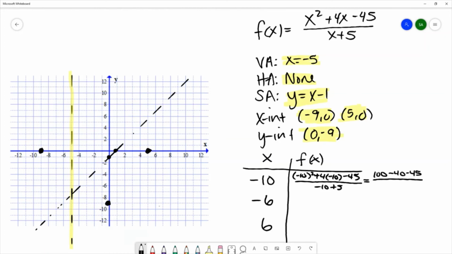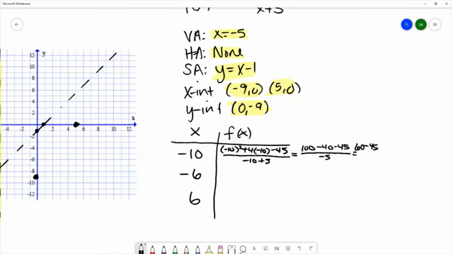In the denominator, -10 plus 5 will be -5. 100 minus 40 will be 60, minus 45 will give me 15. 15 over -5 is -3. So that gives us an extra ordered pair to plot.